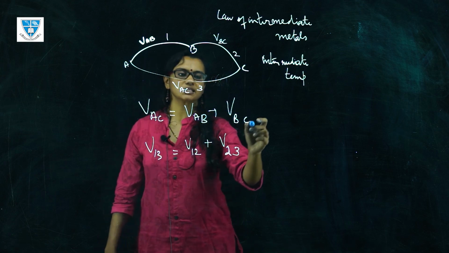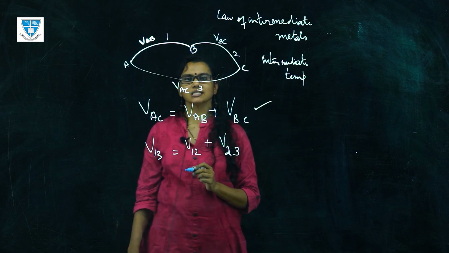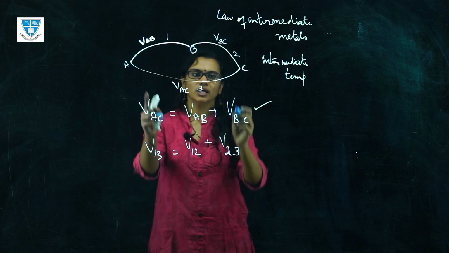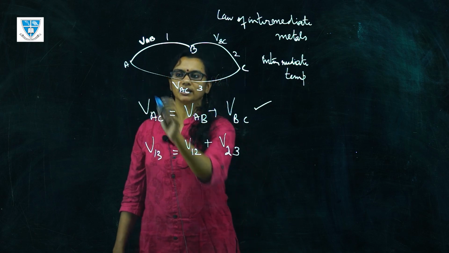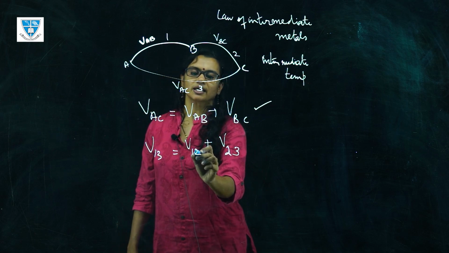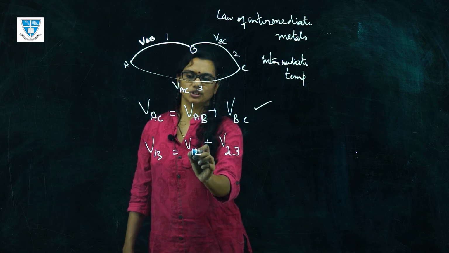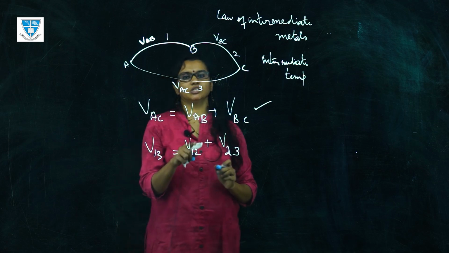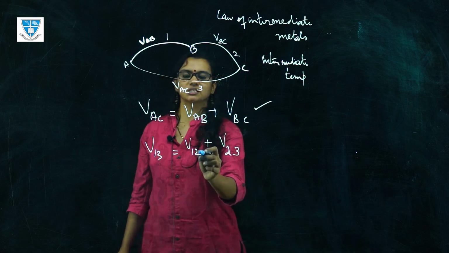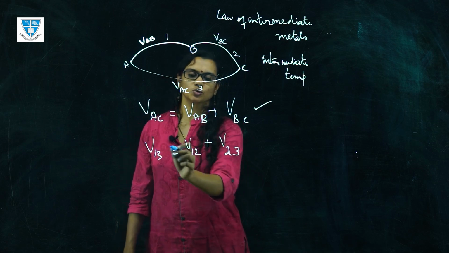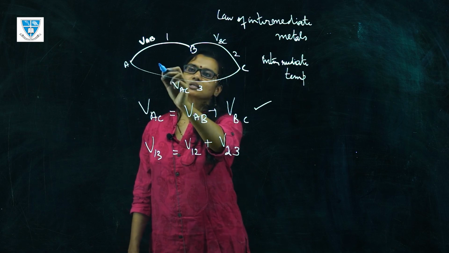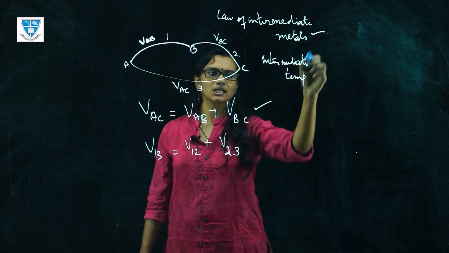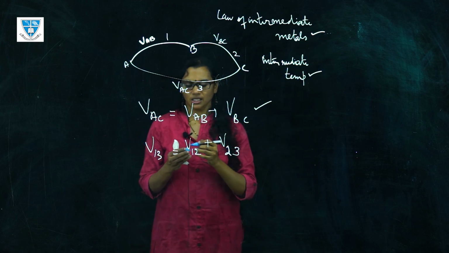So if you have intermediate metals, you just add the EMFs, and the sum will be the final EMF between A and C. Similarly, V13 between the first and third temperatures: I have written V here because it represents the voltage or thermo EMF corresponding to the temperatures of these two junctions. So you add the EMFs. This is the law of intermediate metals and the law of intermediate temperature.